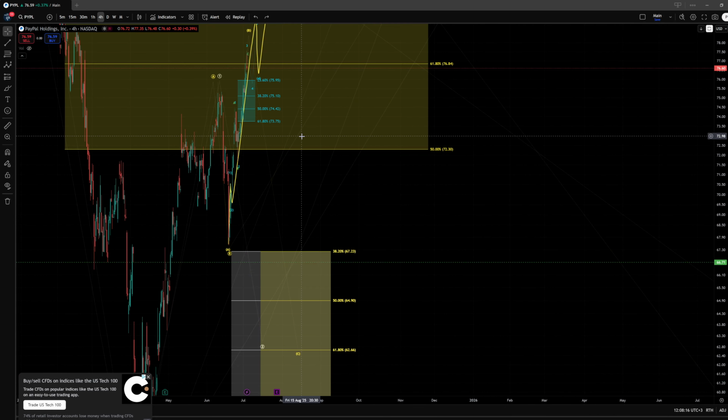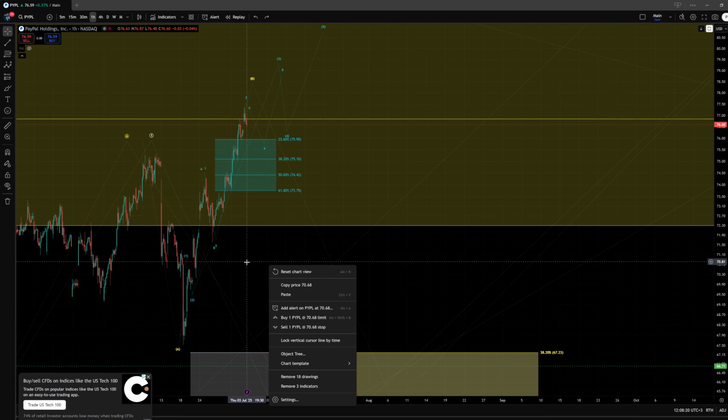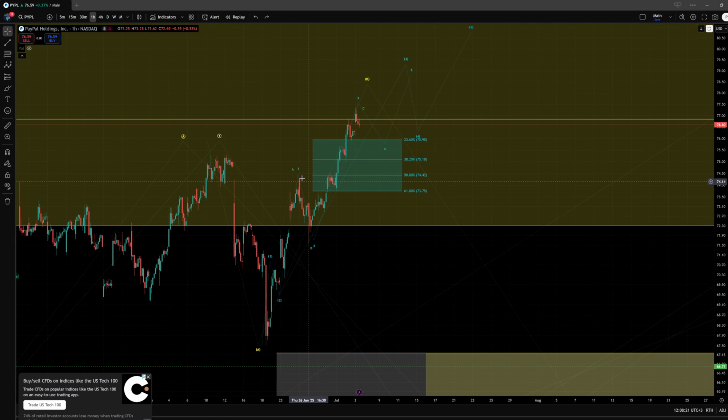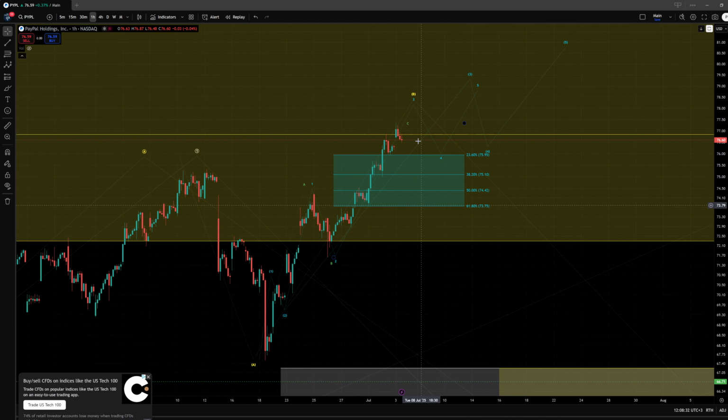Now, while that is a possibility, we are not there yet and we need to track this. And for this blue scenario, while I still would like this third wave to extend further and go directly higher, I will not provide you a support zone for this micro movement to the upside.